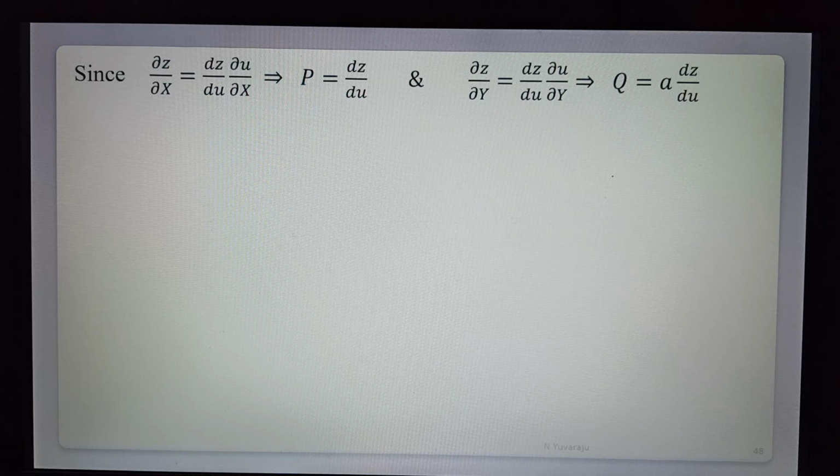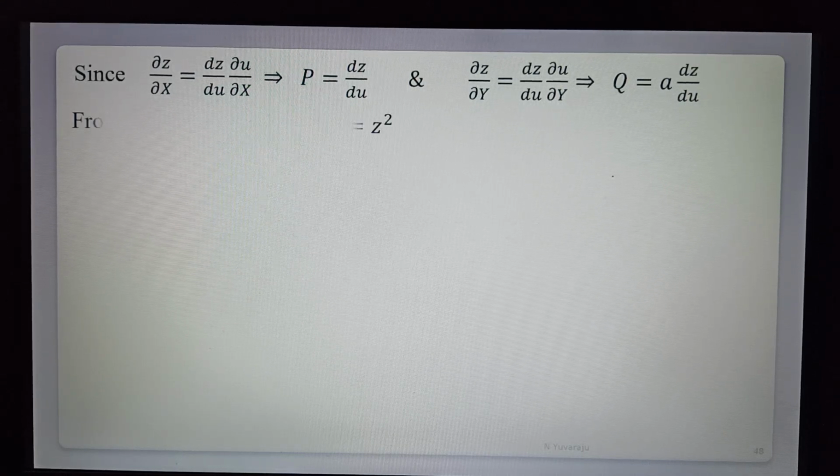Since dou z by dou capital X is equal to dz by du into dou u by dou capital X, that is 1 times dz by du, capital P is equal to dz by du. And dou z by dou capital Y is equal to dz by du into dou u by dou Y, where dou u by dou Y is equal to a, so capital Q is a into dz by du.